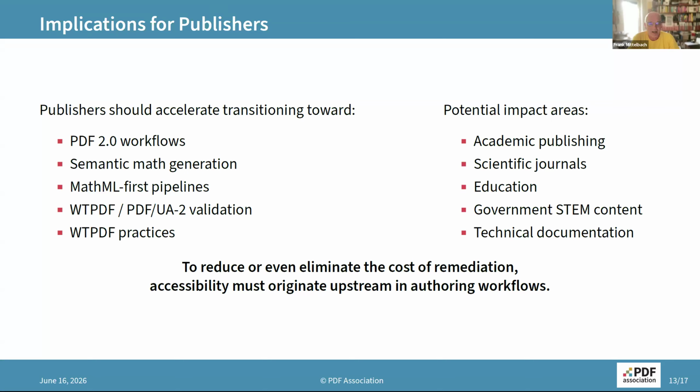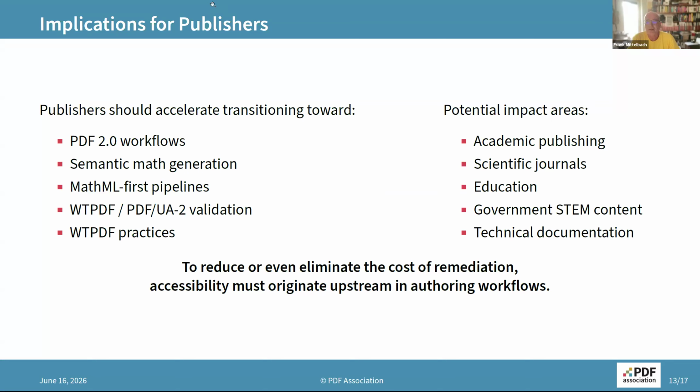And we don't have a slide for it, but I think the previous part of the presentation has already made that clear. So the next implications are for the publishers. Basically, the statement is they should transition towards these actually not so new standards as soon as possible.